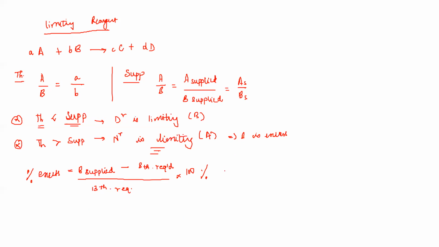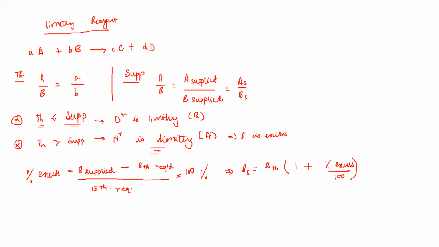And from here, we derived another thing: if B supplied is the number of moles of B supplied, then that is going to be B theoretical times 1 plus percentage excess by 100.